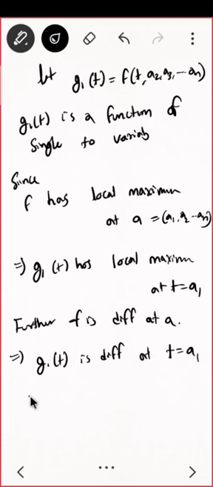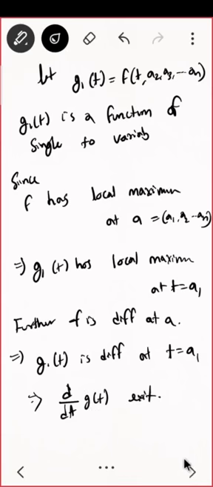Correct? But it is single variable. Differentiable means the derivative, that is d by dt of g of t, exists. That was the thing I wanted. I can directly see what happens in the real case: if you have local maxima or minima at a point, then the derivative will be 0 at that point. Correct?